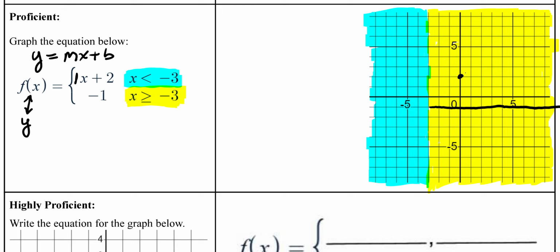And if it goes up 1 over 1, that means it's going to come in like that and down.